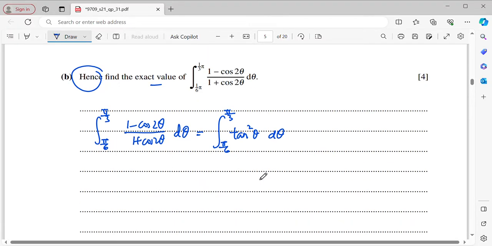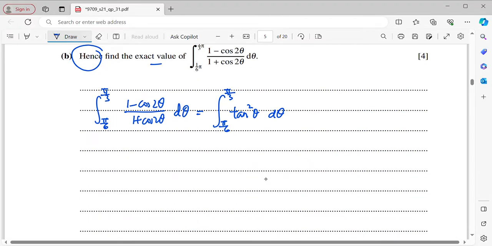But to integrate tangent squared theta, we need to apply the identity: 1 plus tangent squared A is secant squared A. Therefore the 1 will be moved to the right side, becomes minus 1. So from here, I will be getting the integration from pi over 6 to pi over 3 of secant squared theta minus 1 d theta.